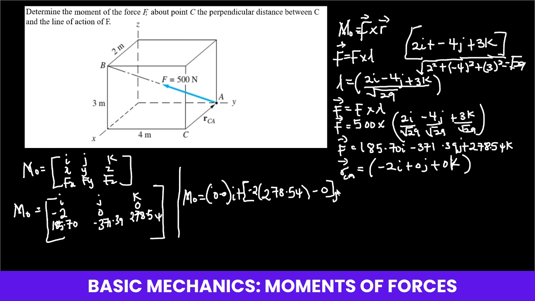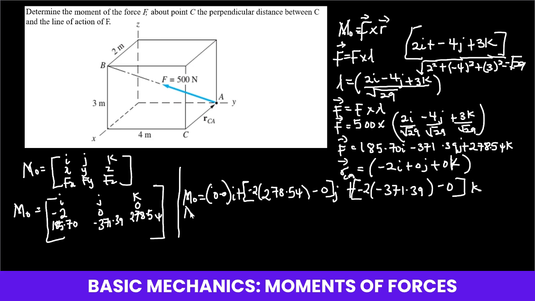And lastly, let's see our k. You cancel this, you cancel this. So we're going to have negative 2 multiplied by negative 371.39 here. Then we multiply this by 0, so this becomes negative 0 here. And this is our k.